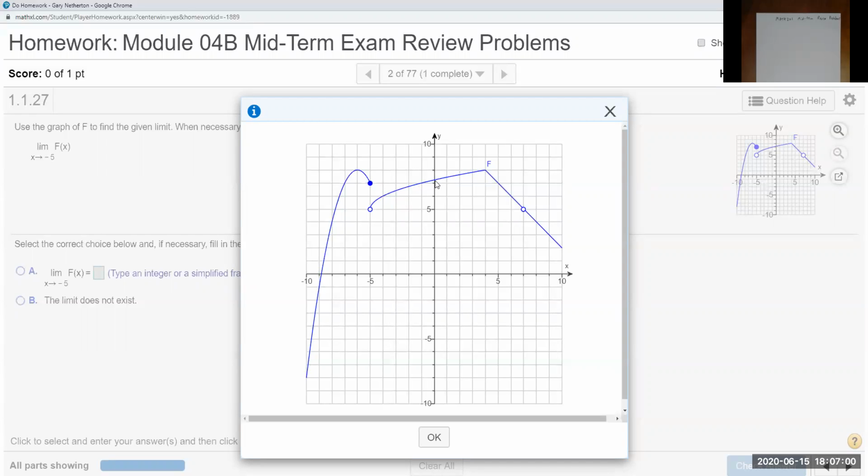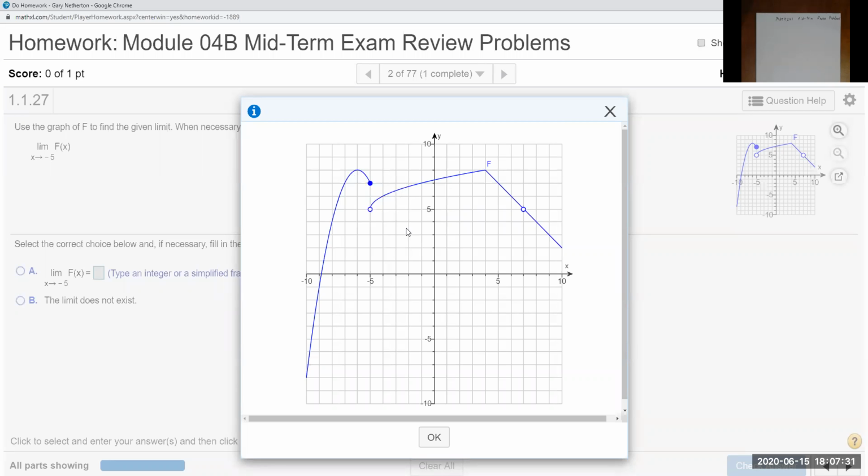But when I approach it from the right, even though the function doesn't exist here, when I'm looking at a limit, I'm looking at what the function approaches. Well, it's pretty obvious this function is approaching a value of 5 as x approaches -5 from the right side. So when you approach it from the left, the function is 7. When you approach it from the right, the function is 5.